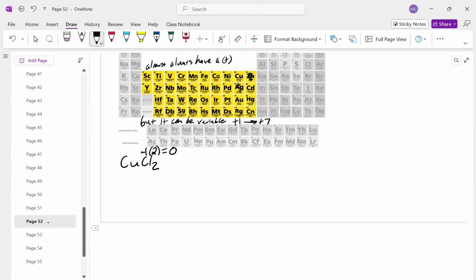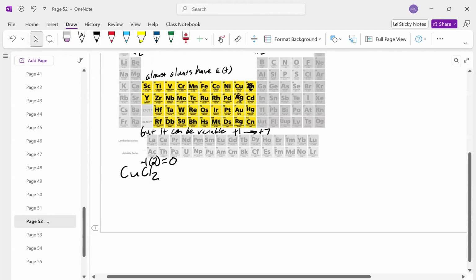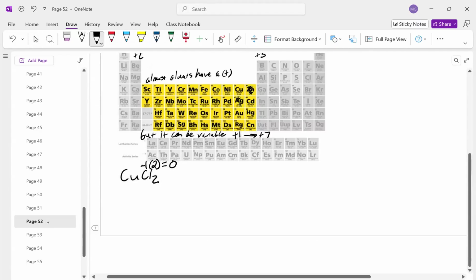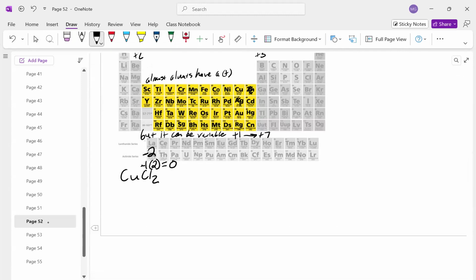And since I have two of them, that's an overall charge on the chlorine side of -2. That means in order for that single copper atom to balance that -2 charge out, it has to have a charge of 2 plus. So in this case, charge on copper is 2 plus.